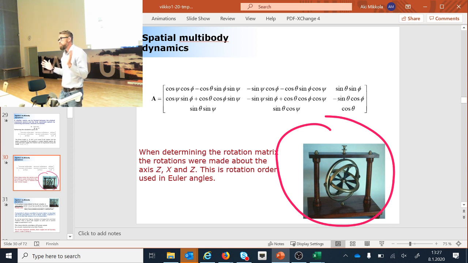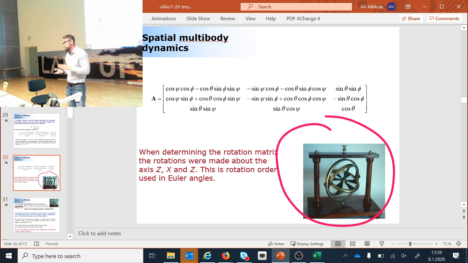Gimbal locking actually is very fundamental to understand. And again, it comes from the fact that we are using three parameters. This singularity, this mathematical difficulty, always comes into play if you're using three parameters. And there's no way to avoid it. At least so far, no one has found a way to avoid it.